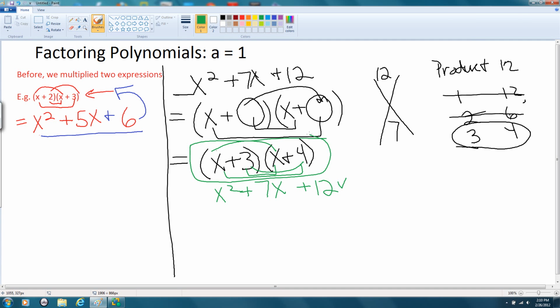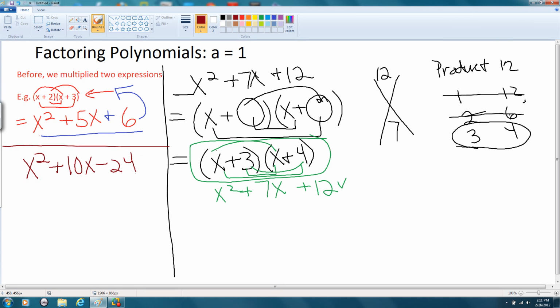I'm going to try another one over here, and I'll do the whole thing in this dark red color so you know what I'm doing. So let's say I start with x squared plus 10x minus 24.